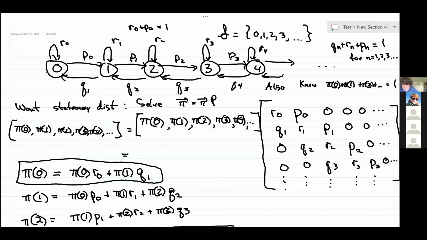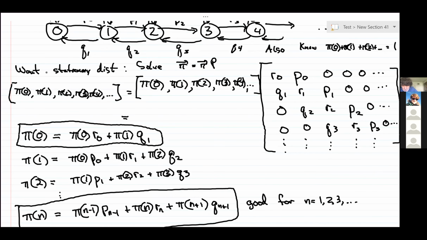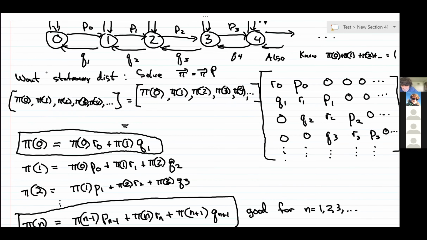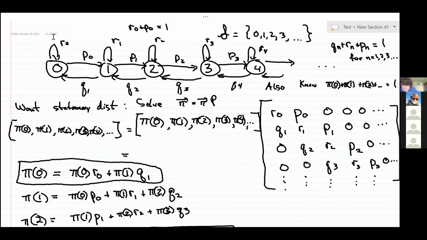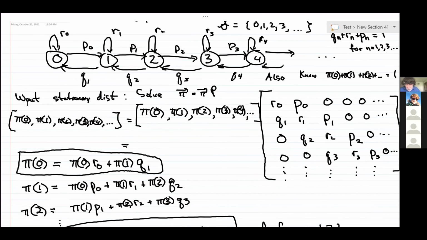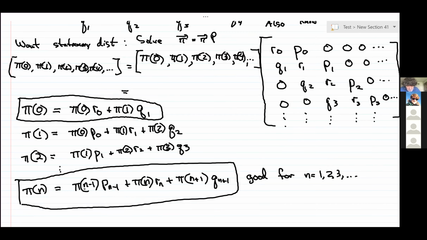Okay, so the next thing to do is, for these equations here, where you have the one in the second box, I want to do a substitution.